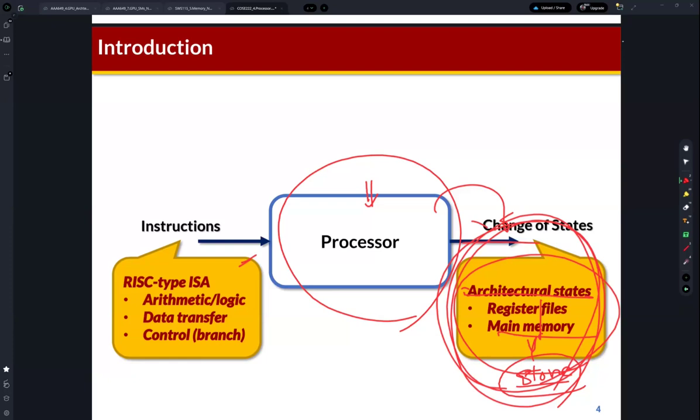So it will change the data in the register file and the data in main memory. So we need to design hardware that can change the register file and update the main memory based on the instruction.